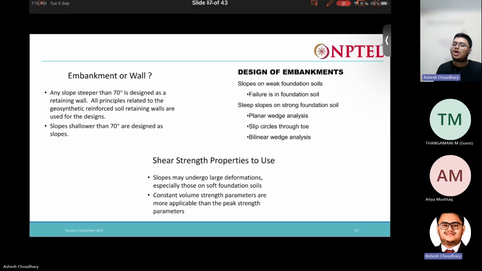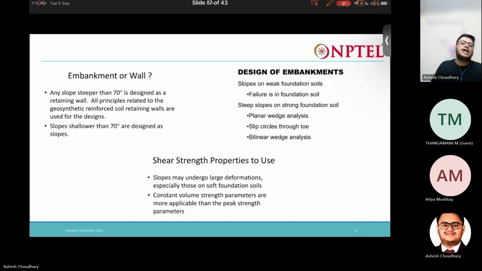And for steep slopes on strong foundation soil, we need to conduct wedge analysis, such as planar wedge analysis and slip circle analysis. These are various wedge analyses conducted for the failure analysis of steep slopes.